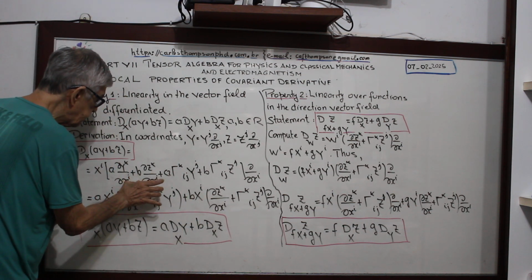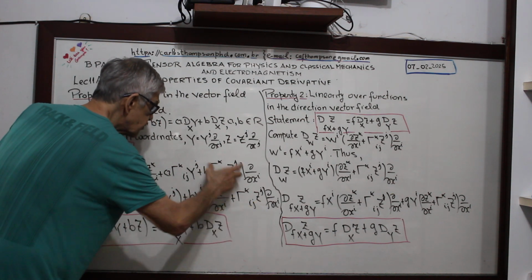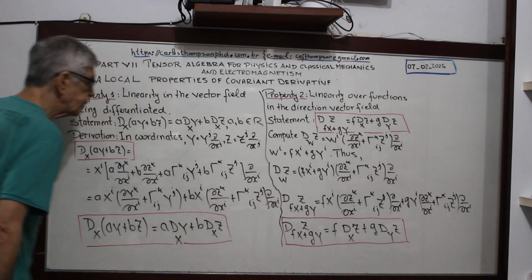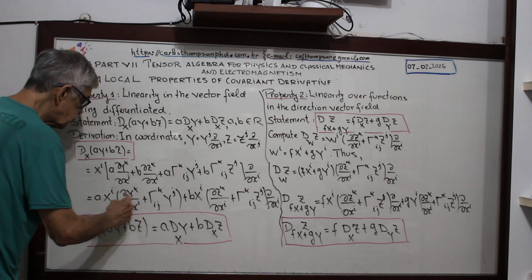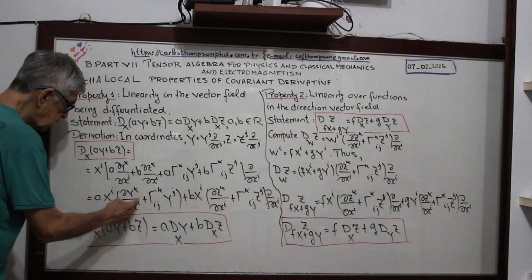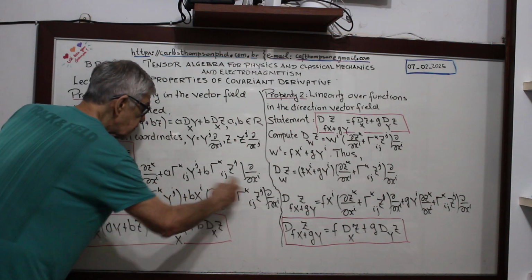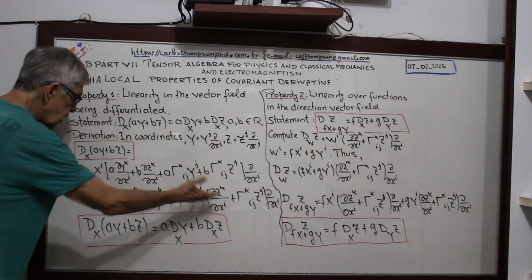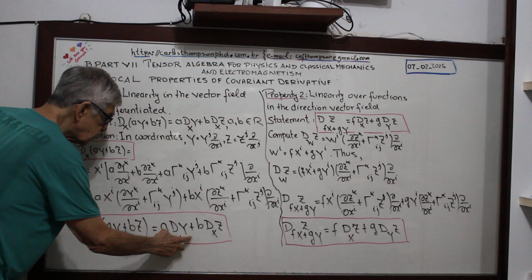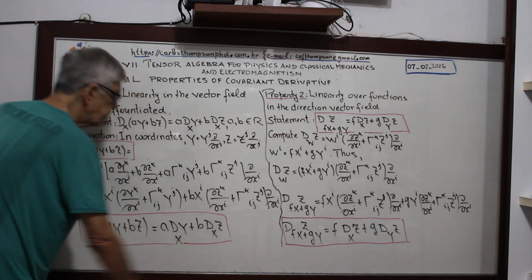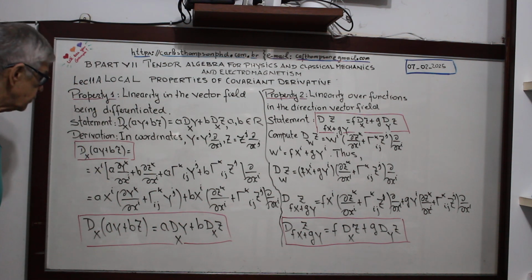Then I can group b here and b over there, so b X^i, just the same, copied from here. In this parenthesis, this is the vector capital Y, and here is the vector capital Z. So I get D_X(aY + bZ) equals a D_X Y plus b D_X Z. So this is linear in the vector field.